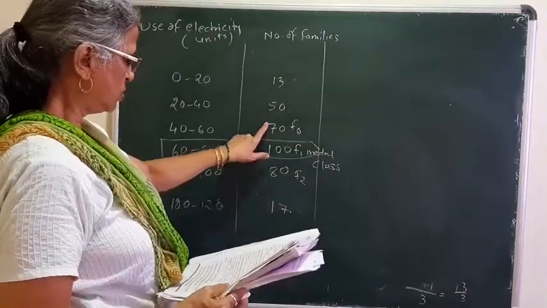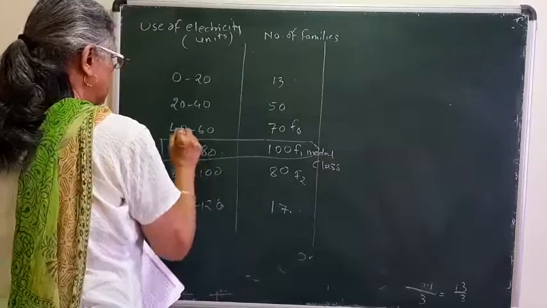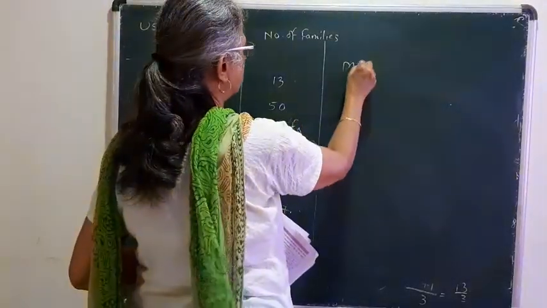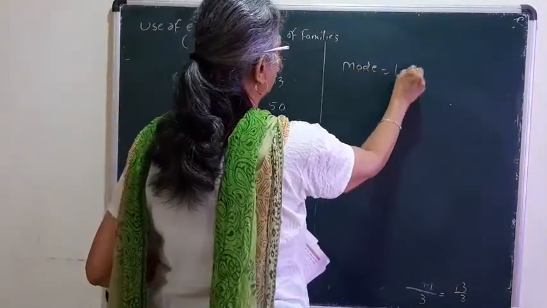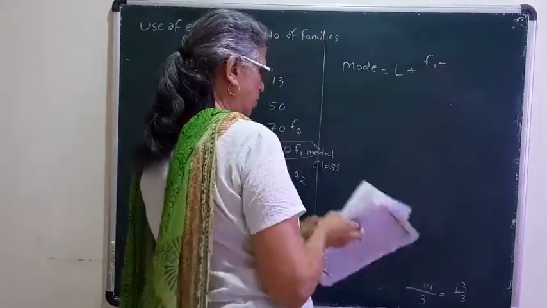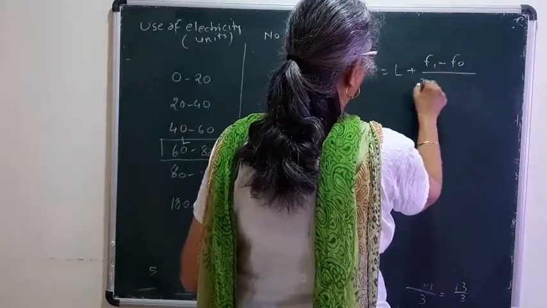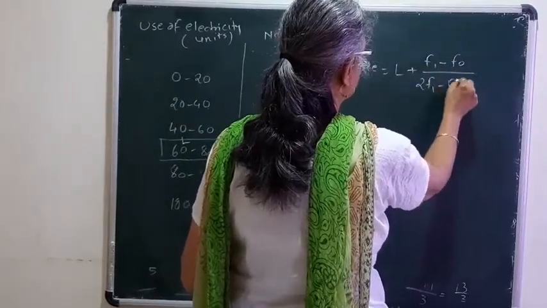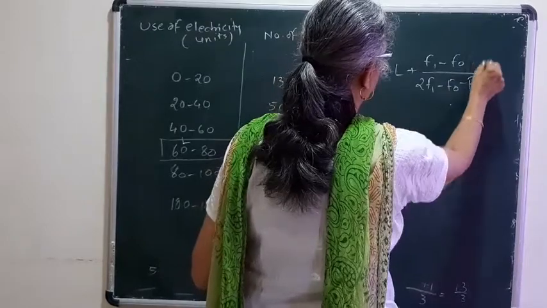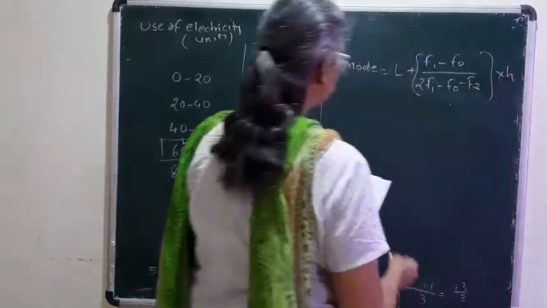Preceding class F0, succeeding class F2. L will be 60. So the formula: mode is equal to L plus (F1 minus F0) upon (2F1 minus F0 minus F2), bracket complete, outside the bracket h.